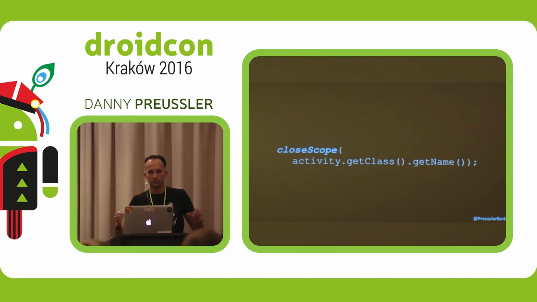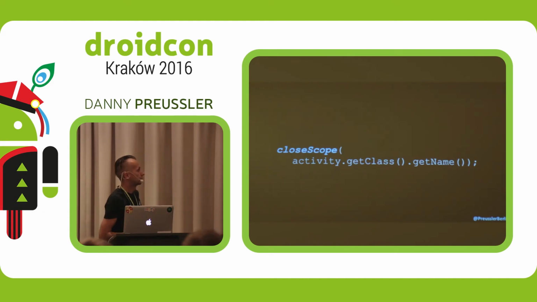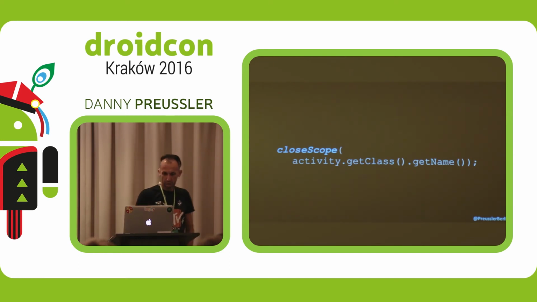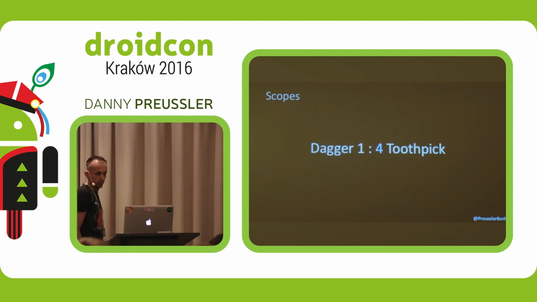Imagine a checkout flow that goes over multiple activities. You could create one scope and keep it and inject it in all your activities in this flow until this flow is cancelled or closed for some reason. Then you would call close scope, and all your singletons and all your instances are gone. This is a really nice approach, I have to say. So I really would give Toothpick this point.